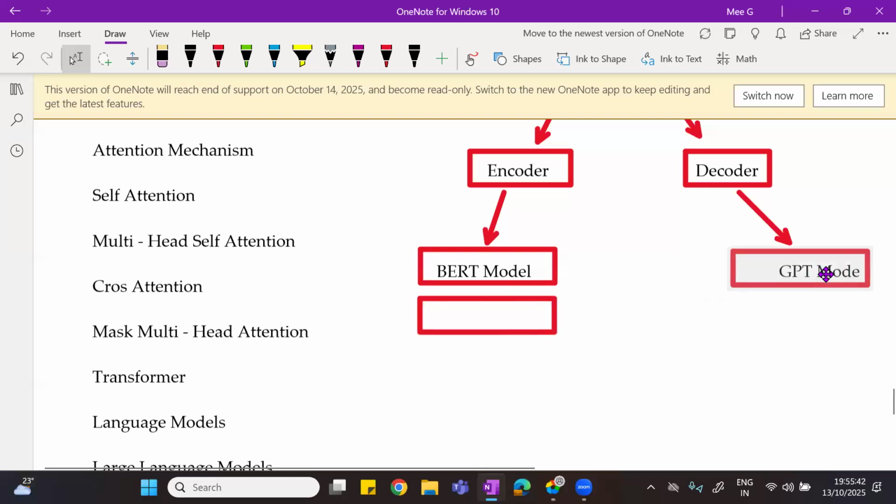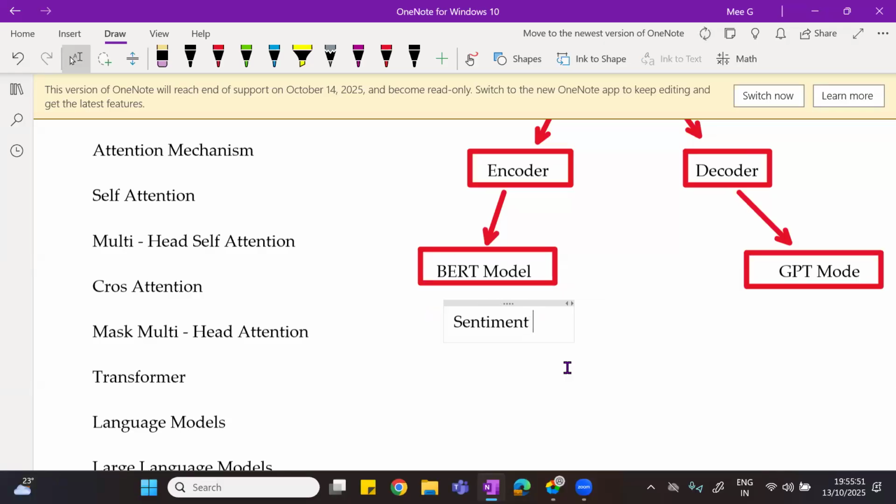Prediction tasks mean things like sentiment analysis, next word prediction, or text summarization. All this will be taken care of over here.